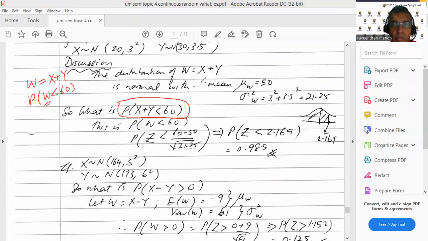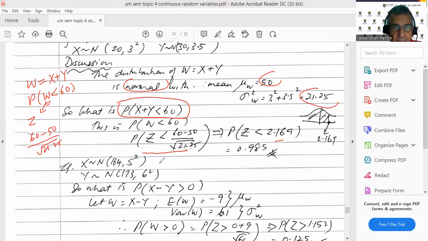You know the mean of W, you know the variance of W, and you know it's normal. So change W to Z. You take 60 minus the mean of W over the standard deviation, which is the square root of 21.25. So that's what happens here. Probability of Z less than this, and use your calculator, you'll get probability Z less than 2.169. Look up your tables, read off the value, you'll get 0.985.